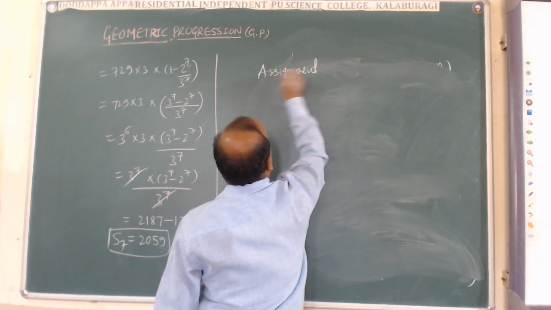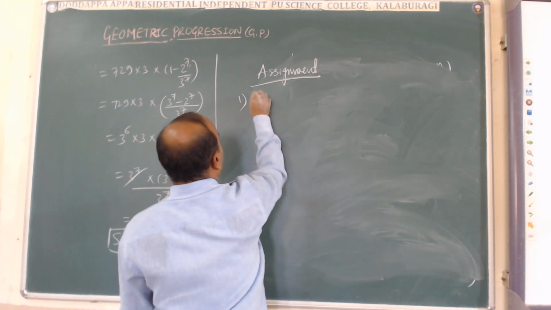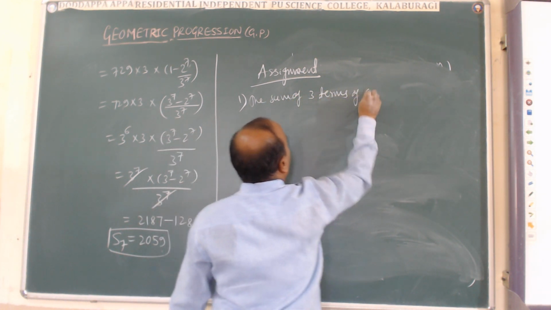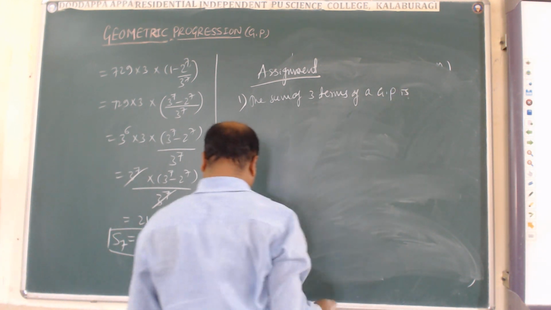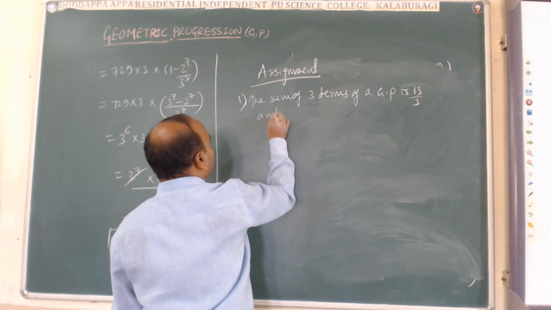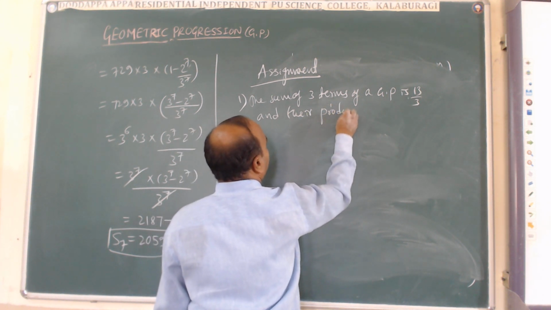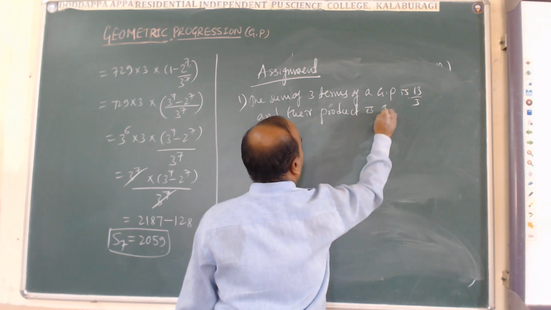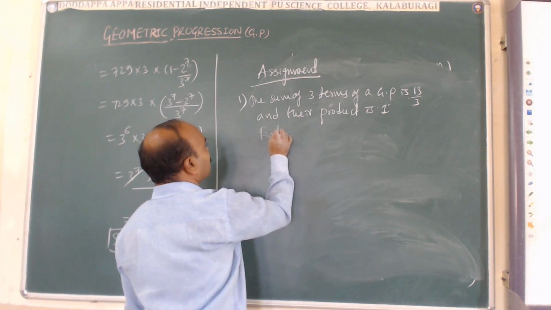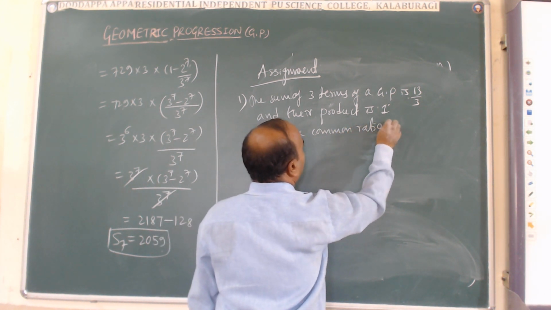First one: the sum of three terms of a GP is 13/3 and their product is 1. Find the common ratio and terms.